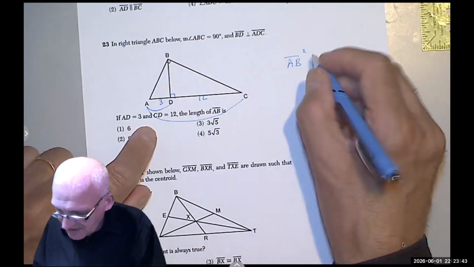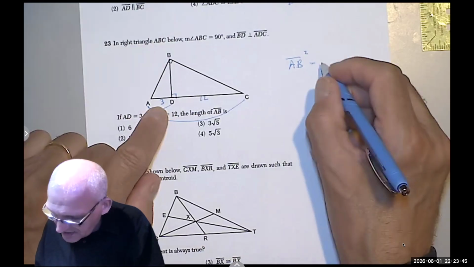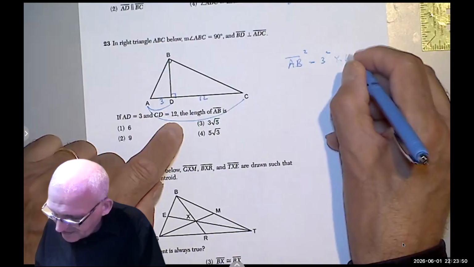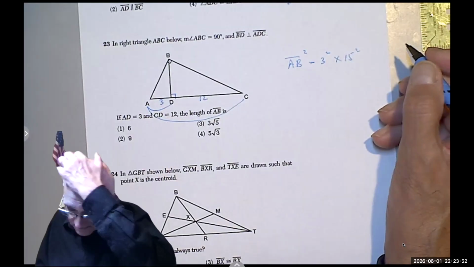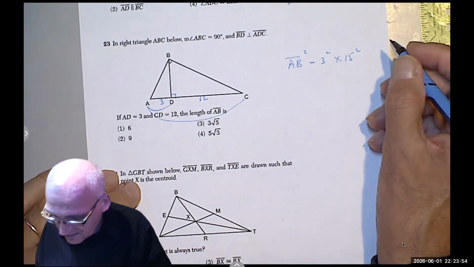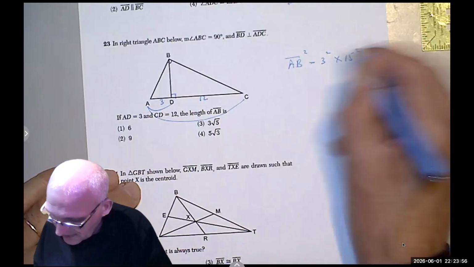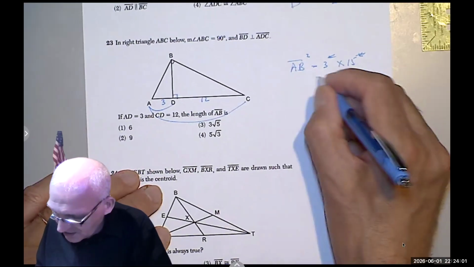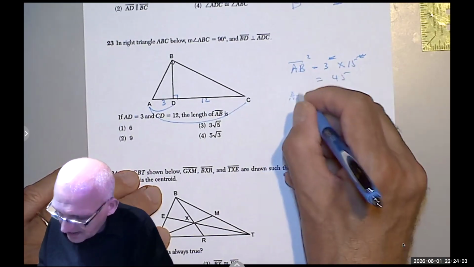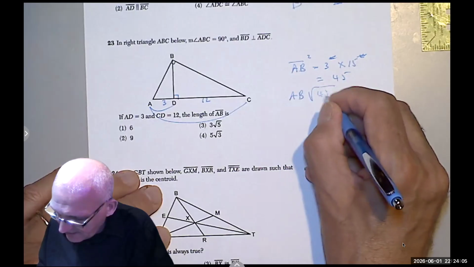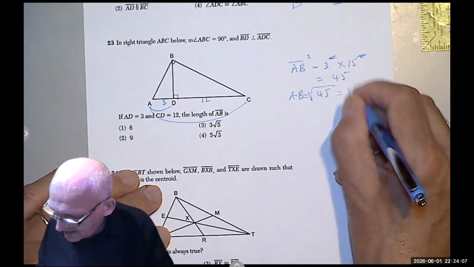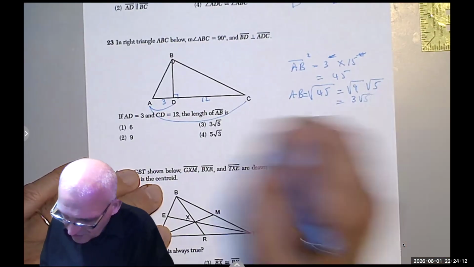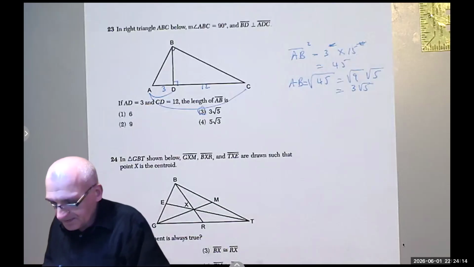So in this case, AB squared equals 3 times 15. 3 times 15 equals 45. So AB is the square root of 45. 45 is 9 times 5. Root 9 is 3, so 3 square root of 5, so it should be number 3.